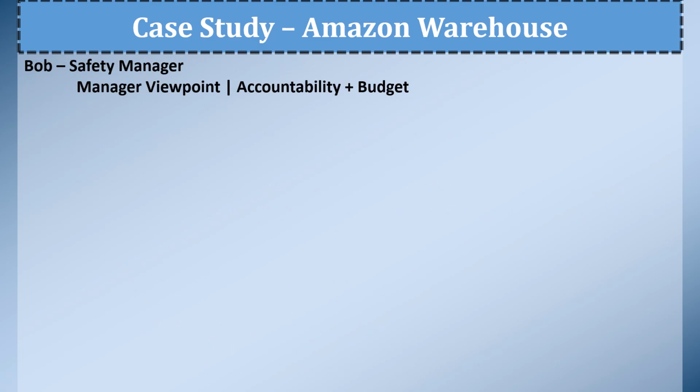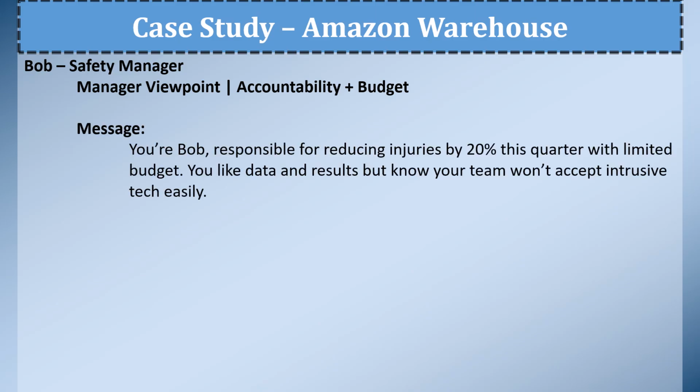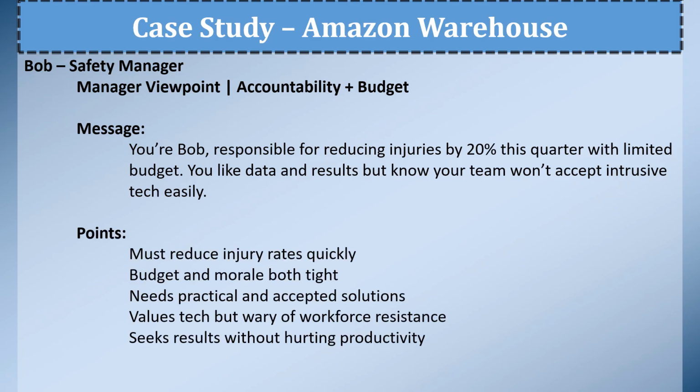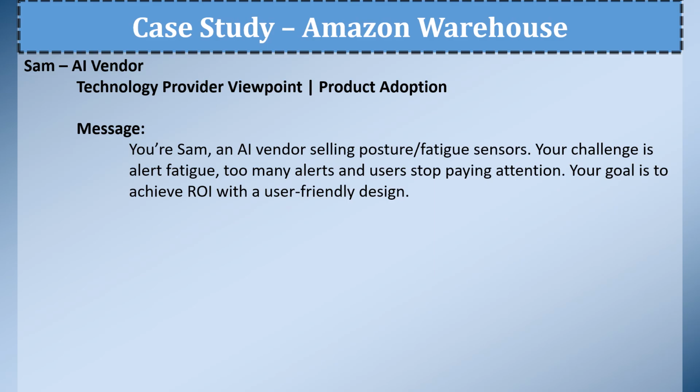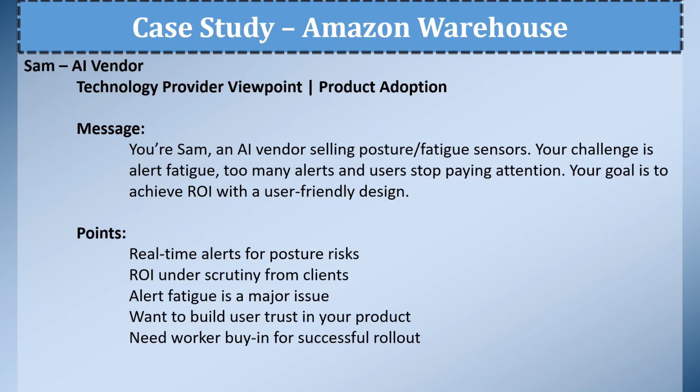The second is Bob, safety manager, manager viewpoint, accountability plus budget. And this is the message for him, and these are the points he is working on. Sam, AI vendor, technology provider viewpoint and product adoption. This is a message for him, and this is a point he needs to discuss.